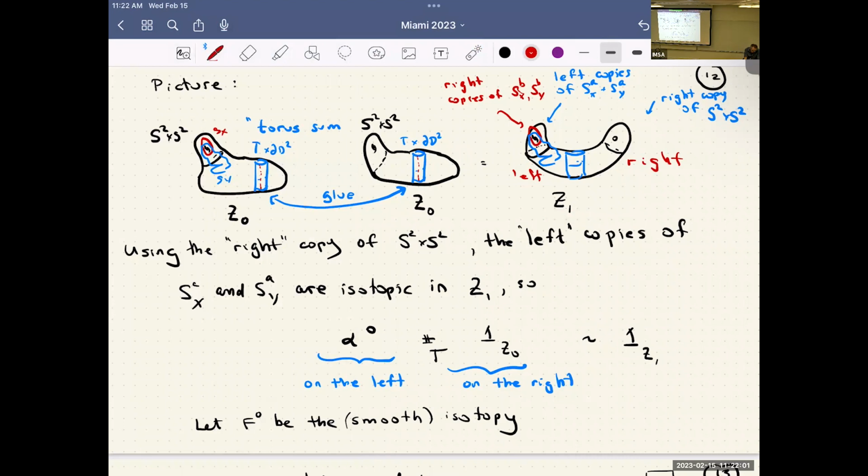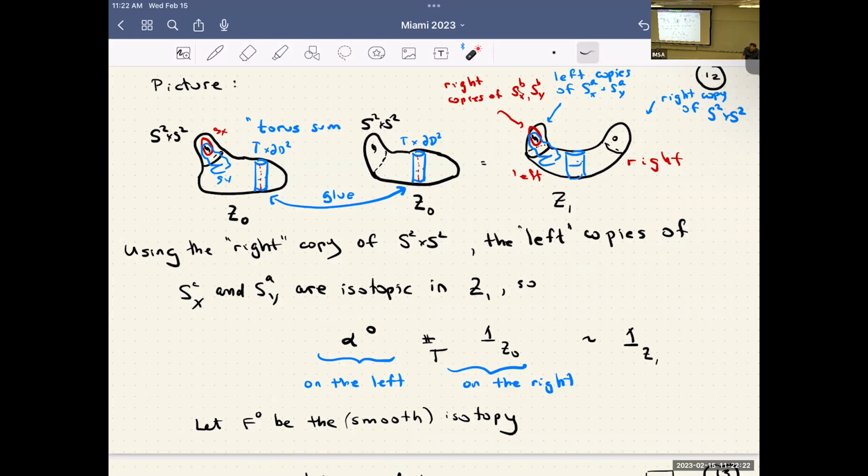So let's look at the copies of those spheres on the left. I've got an S2 cross S2 summand, so those spheres are now isotopic. The red one is maybe the D spheres, and the blue one is the A sphere. Those things are isotopic.